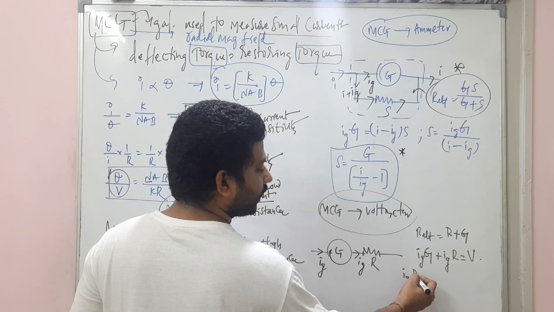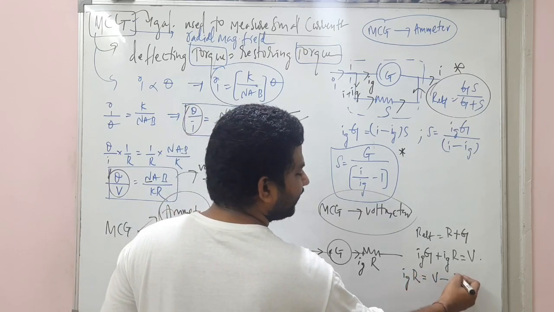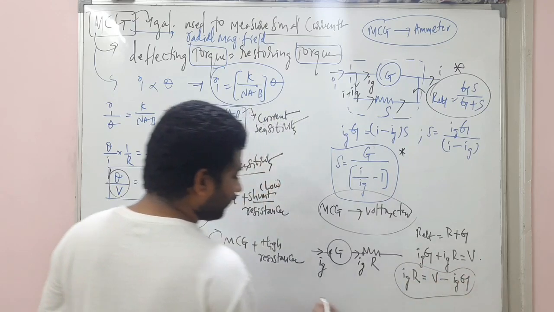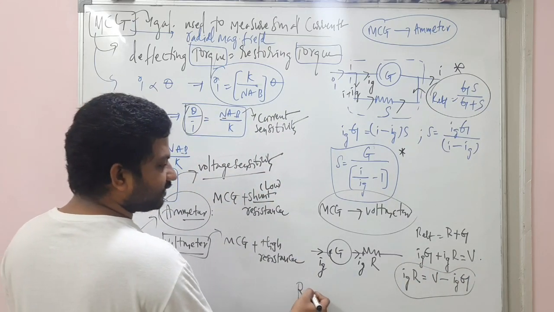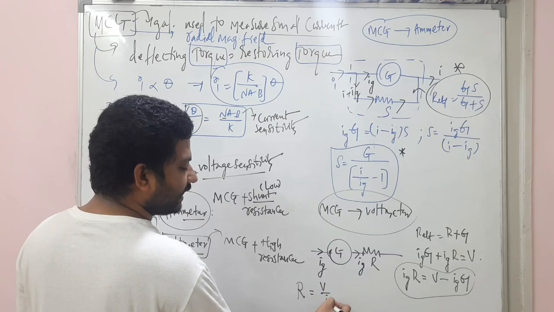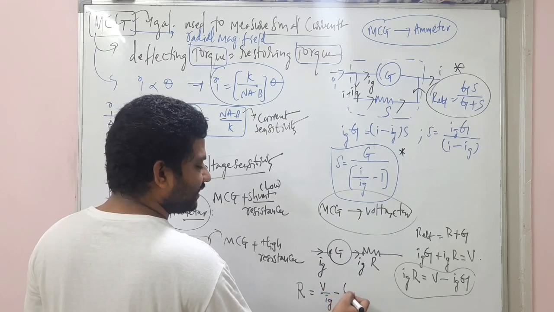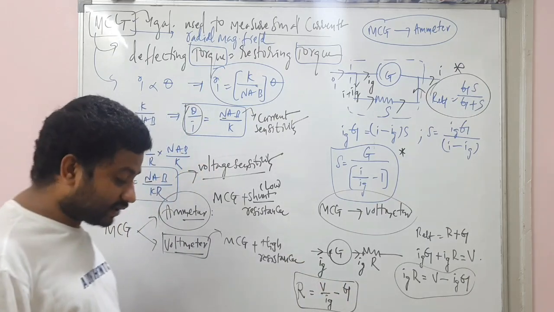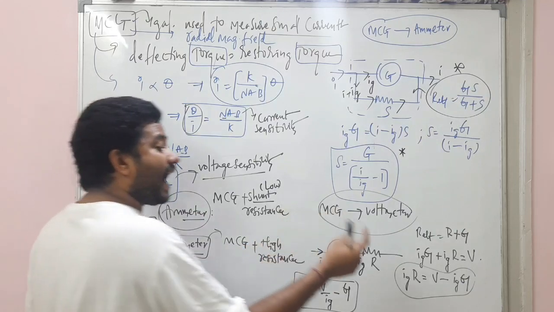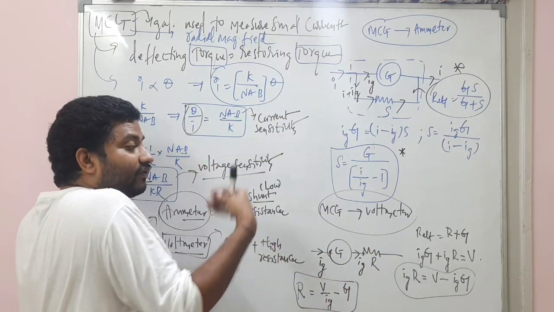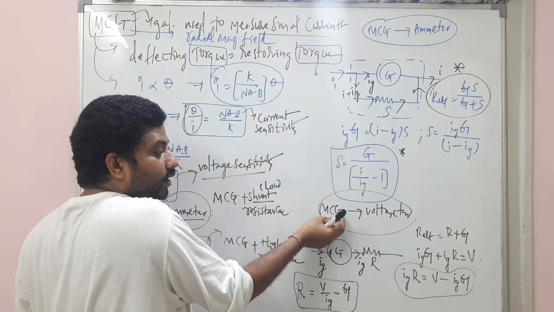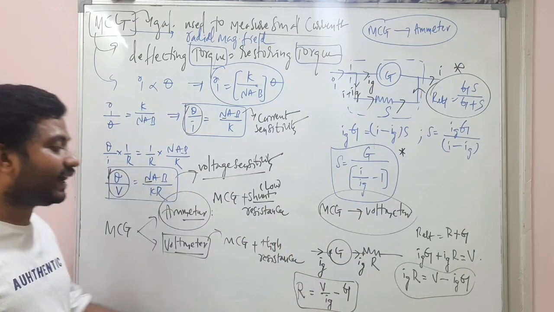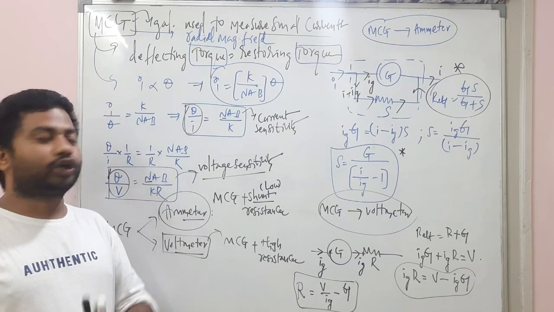I suffix G into capital R is equal to V minus I suffix G into capital G. And finally the resistance R is equal to V by Ig minus capital G. Sorry, it's not effective resistance, it is the high resistance. To convert this moving coil galvanometer into a voltmeter, this high resistance must be kept. How much is that high resistance? This much. Okay, my dear students?